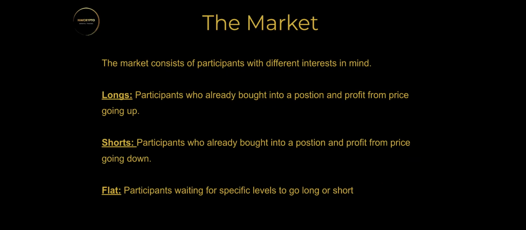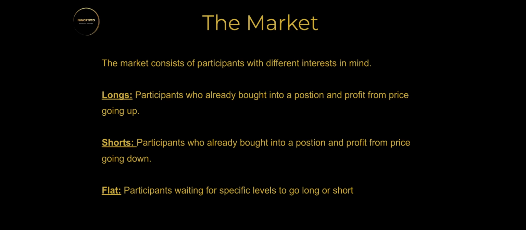We have people that are long, basically our longs. These are people who already bought into a position or into a coin and are basically making money whenever price moves up. Then we have our shorts. These are the participants that also hold a position, but they bet on prices to go down.